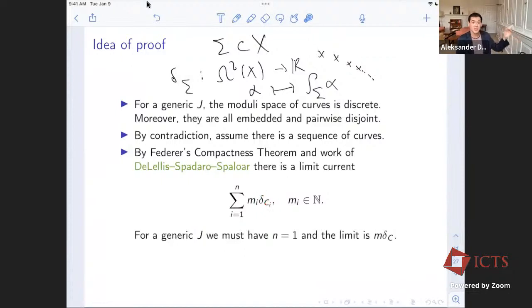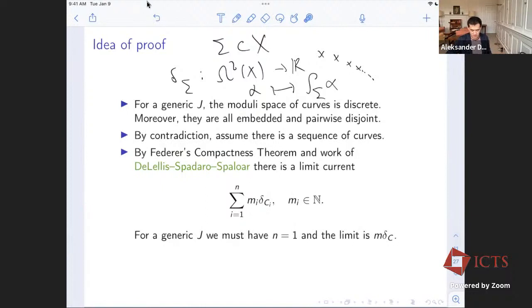So we conclude that the limiting current is just a Dirac delta centered at C, some holomorphic curve that we don't know, times m, a positive integer.